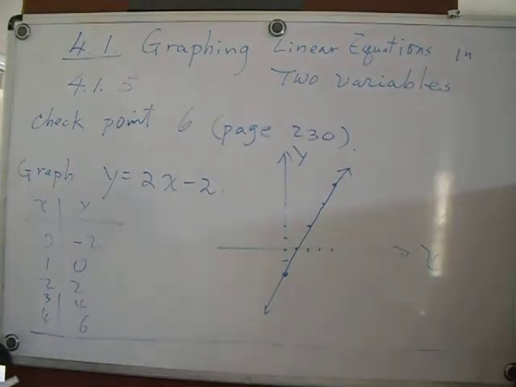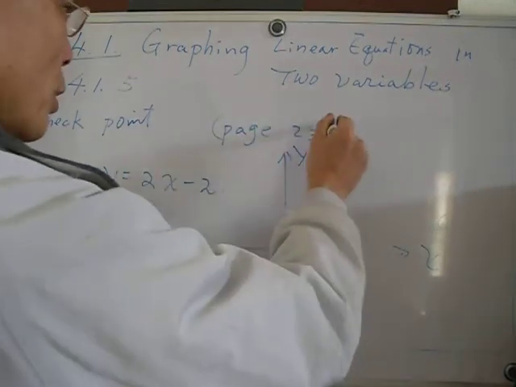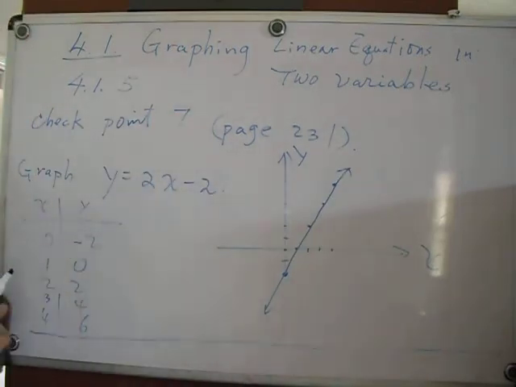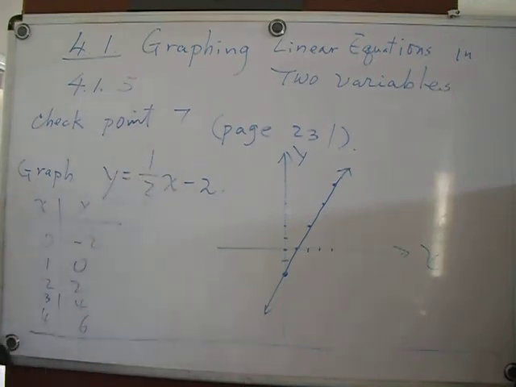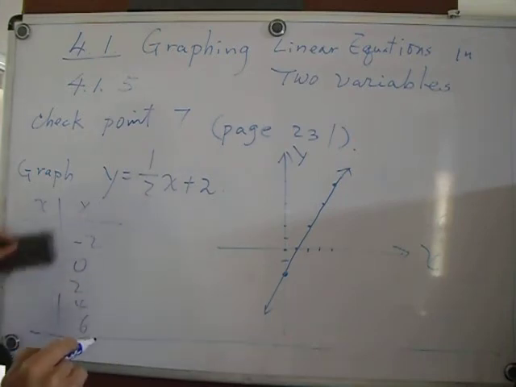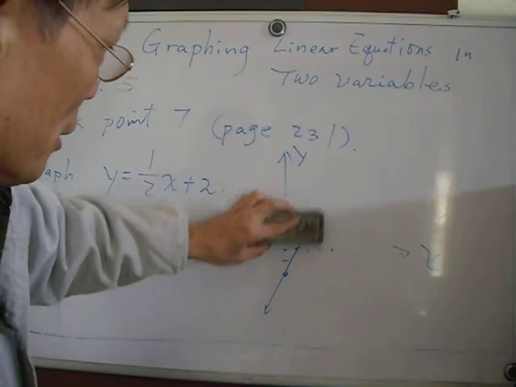Next example, we want to do Checkpoint number 7, page 231. We graph y equals 1/2 x plus 2. This is a slightly more difficult level than the first one.